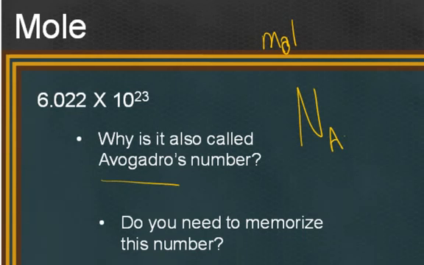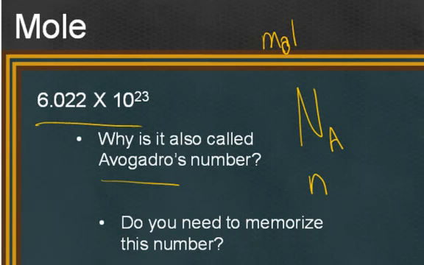That's another way we abbreviate Avogadro's number, 6.022 times 10 to the 23rd, which really means 6.022 times 10 to the 23rd of something. And another way we abbreviate within formulas the number of moles is the lowercase n. So you'll see these various representations of the mole depending on the equation and what you're working on.